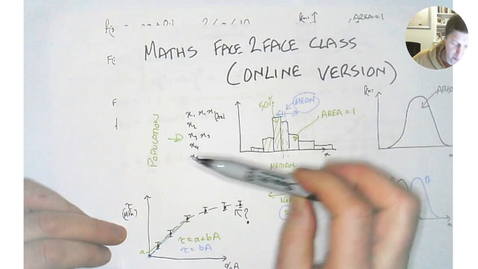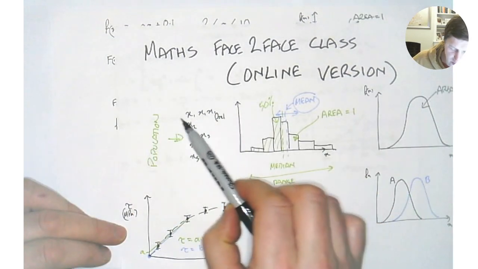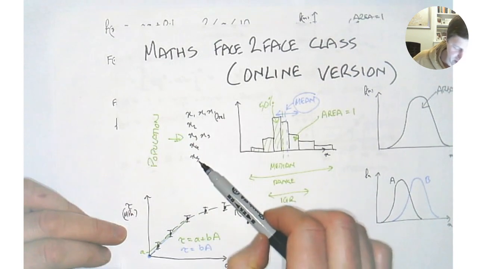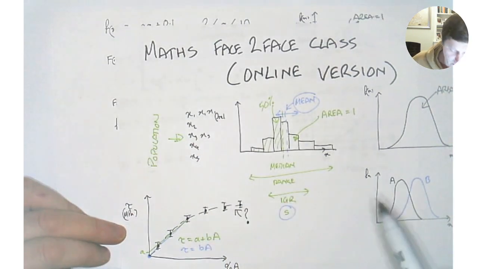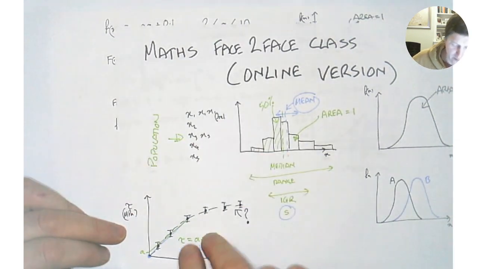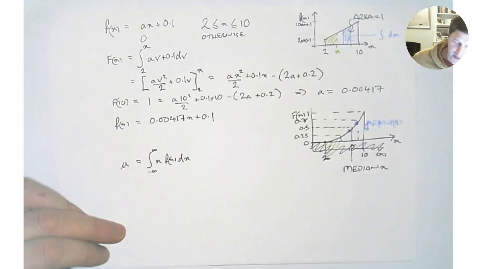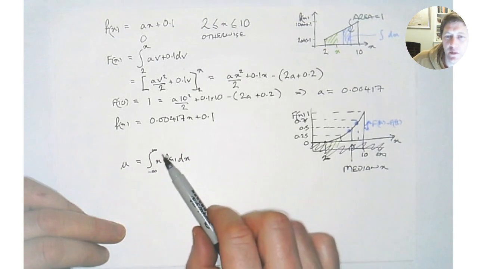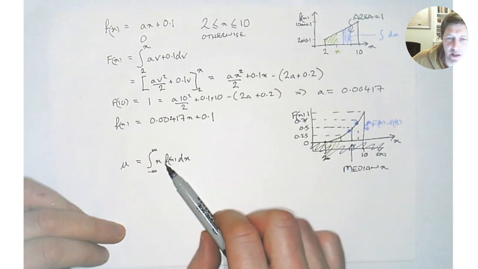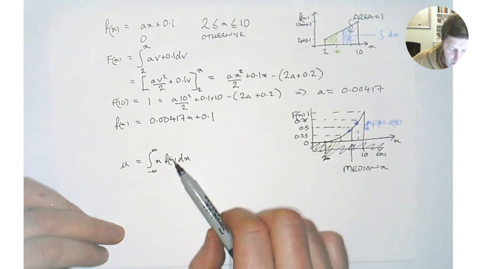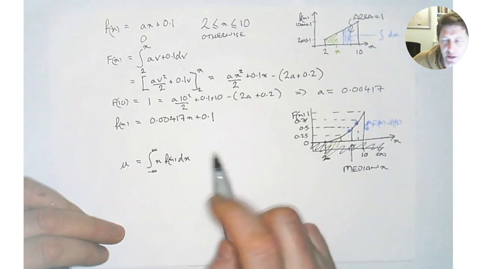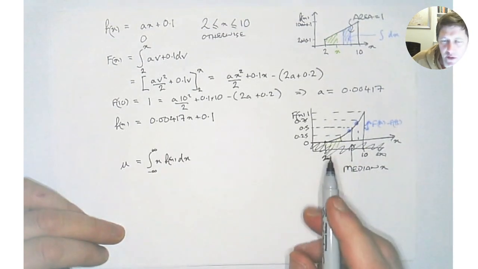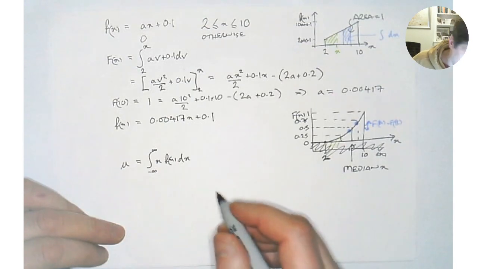When we were finding the mean, we would go, we got 3 x1s, it would be 3 times x1 plus x2 plus 2 times x3 plus x4 plus x5, and then you add them all up, divide them by the total number of them. Well, that's what we're doing here. We're taking each value of x and we're multiplying it effectively by the number of those x values. And because the total integral is equal to 1, we don't need to divide it by anything, and that gives us the mean.